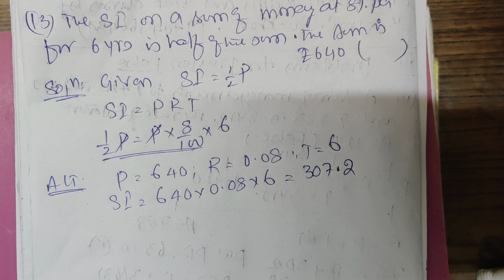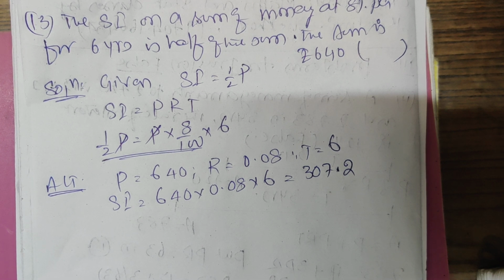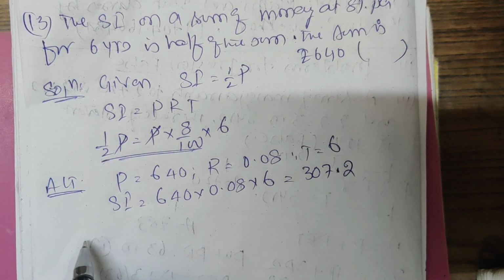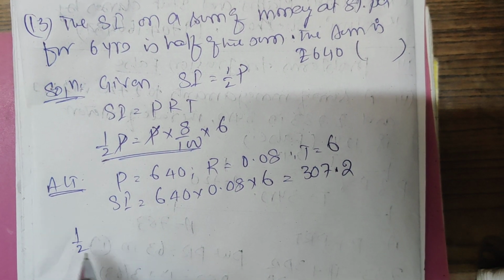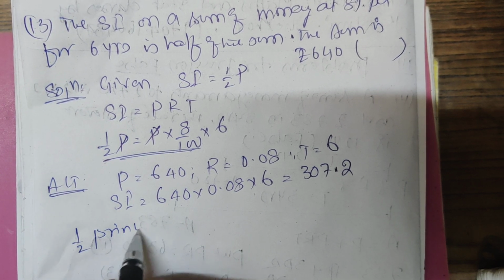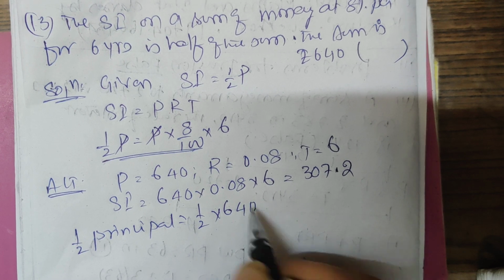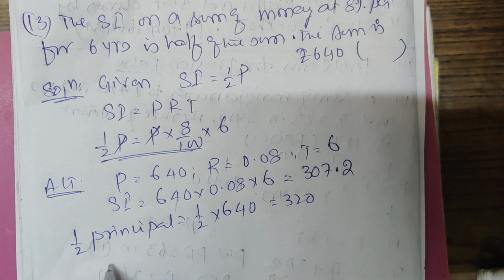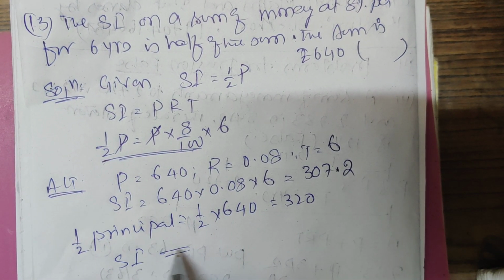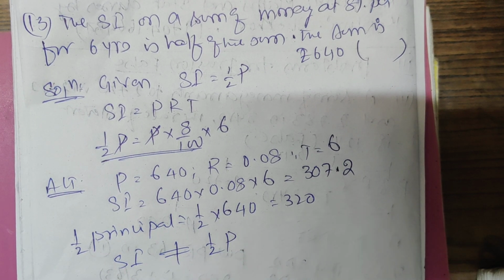Let us verify the calculations one more time. 640 into 0.08 into 6 is 307.2. Half of principal is equal to 1 by 2 into 640, which is 320. SI is not equal to 1 by 2 of principal.